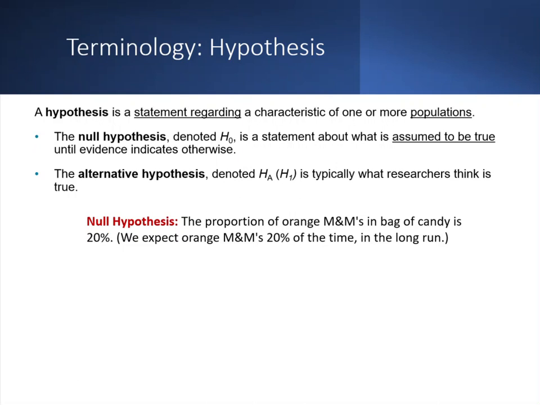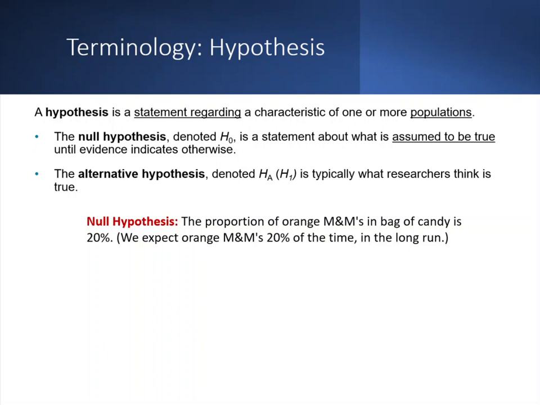So here's an example where we can see in words what this null hypothesis looks like. Mars has generally posted on their website the proportion of colors for their candy in their M&M bag. So here's a claim about that population.